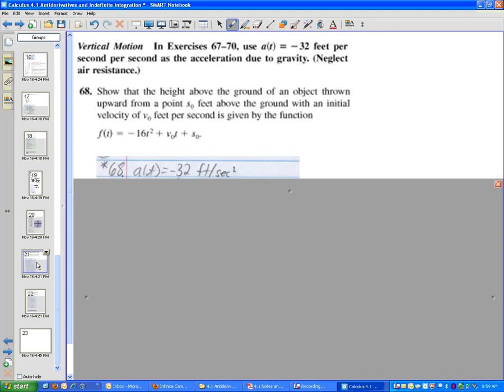So 68 says, show that the height above the ground of an object thrown upward from a point s0 feet above the ground with an initial velocity of v0 feet per second is given by this function. f of t equals negative 16t squared plus v0t plus s0.